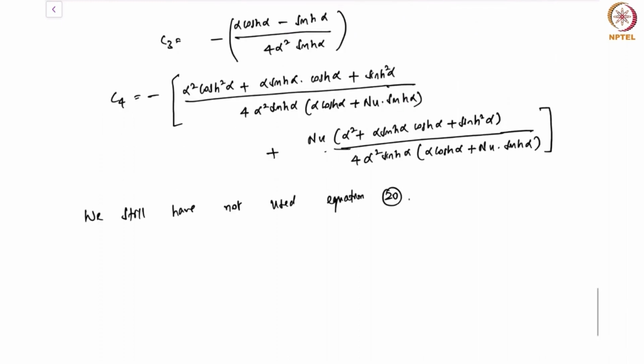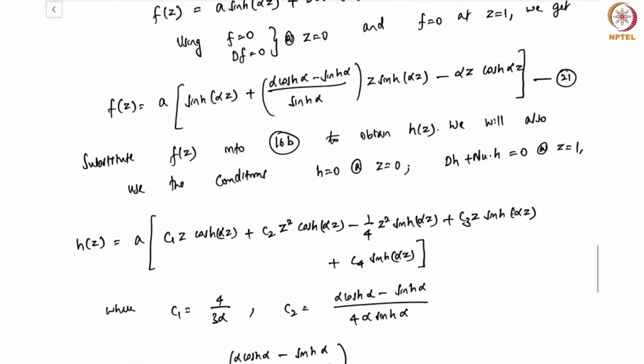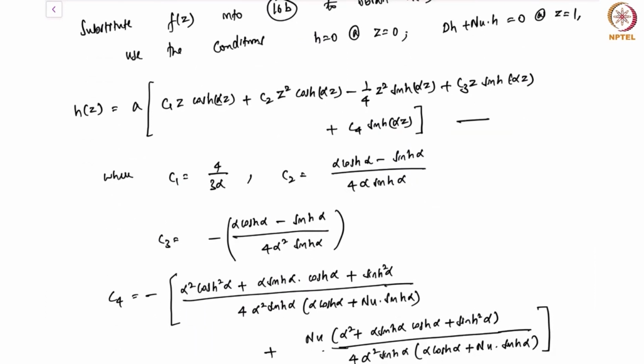So we now have two conditions here. So let's give these equations labels. They have 21, and equation for h of z is 22.